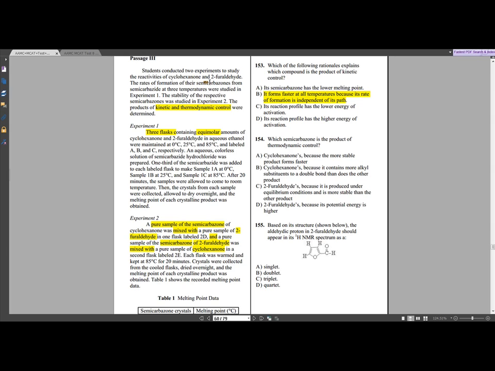Like, which carbazone? What carbazone? I only see one. Oh wait, so this is a carbazone? I guess, okay, carbazone. What is a carbazone? One is a ketone. Carb, it probably means carbon. What the heck does semi have to do with it? And furanaldehyde.